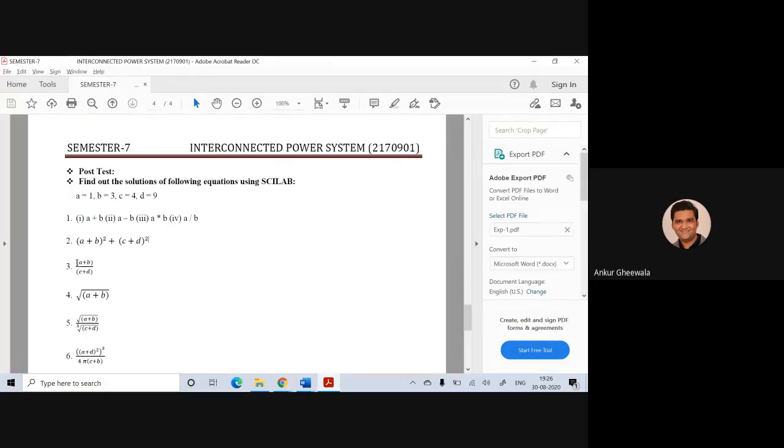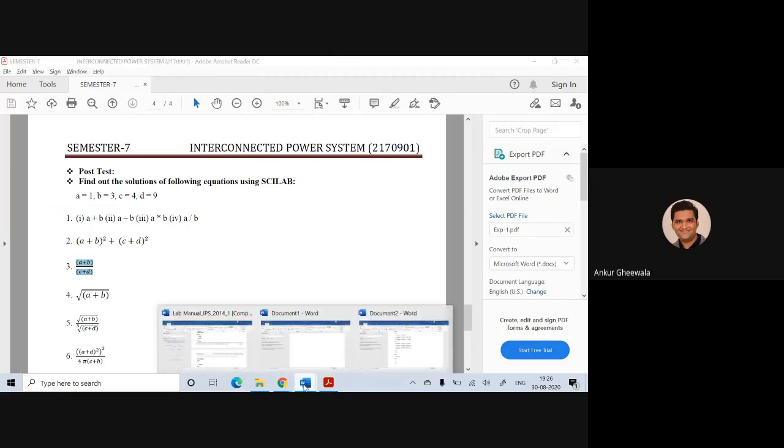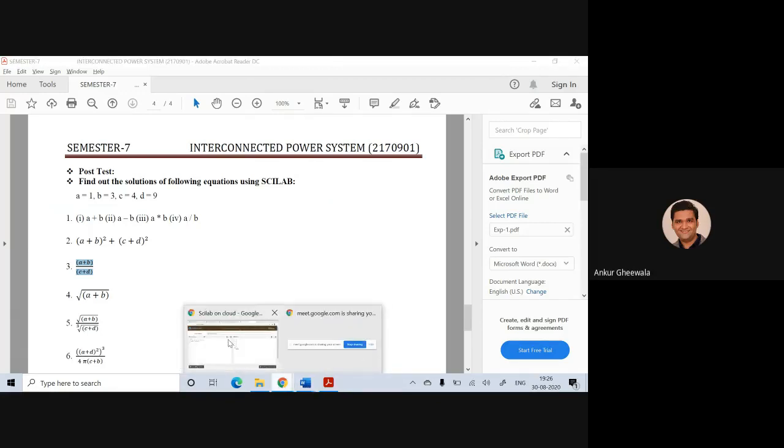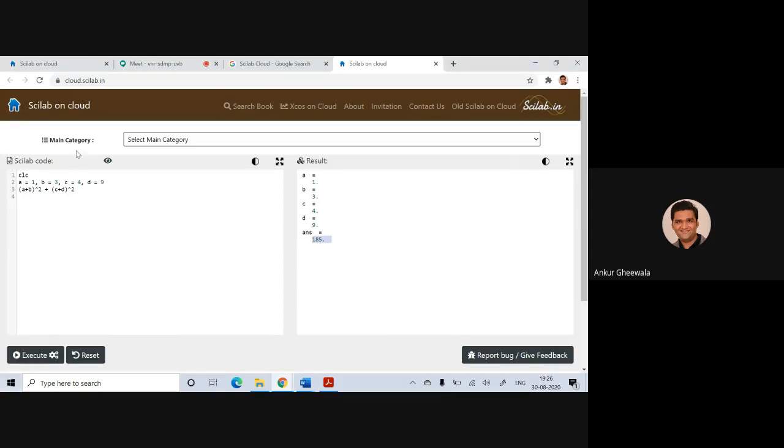Now if I want to find out a plus b divided by c plus d, what you can do, you just copy paste it. Now just see here, a plus b divided by c plus d. So what should be the answer? 4 divided by 13.